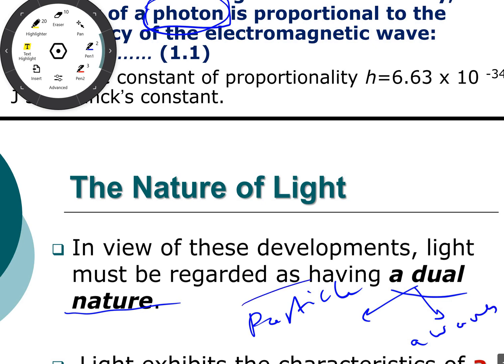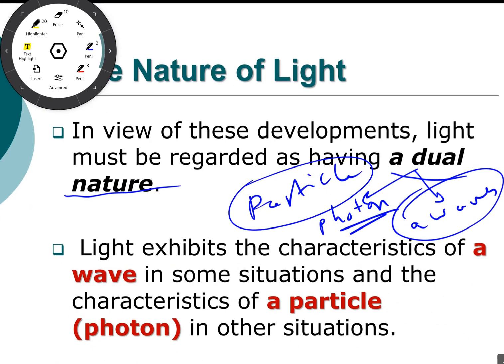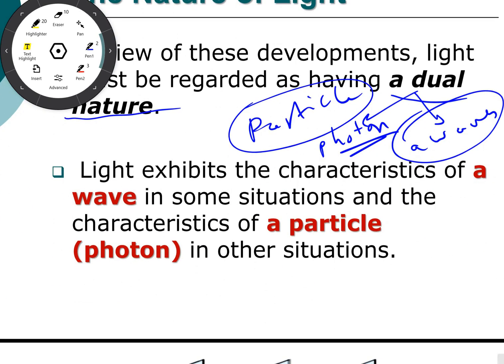So it should be something in between particles and waves. So Einstein called it a photon. And using this theory, Einstein succeeded to explain the theory of photoelectric effect, and he actually got the Nobel Prize for this very excellent achievement.